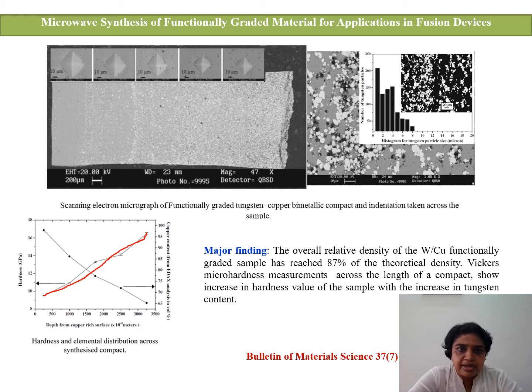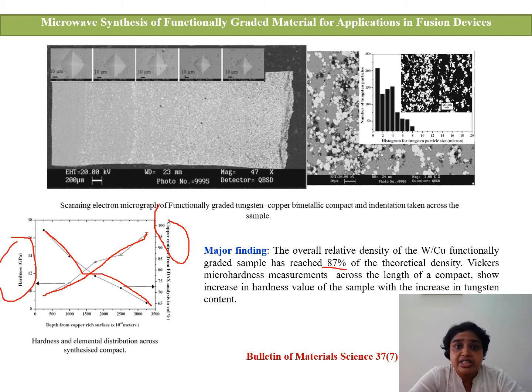At the same time, if you see, this is the copper content, and on this scale this is hardness. We found the overall density of this functionally graded material reached 87% of the theoretical density.